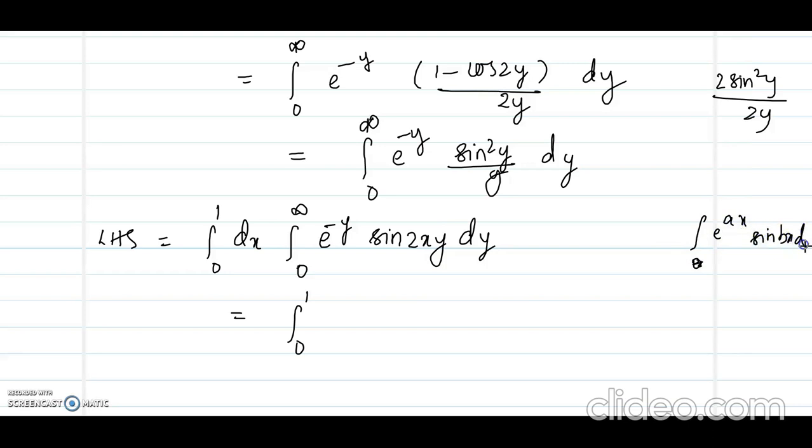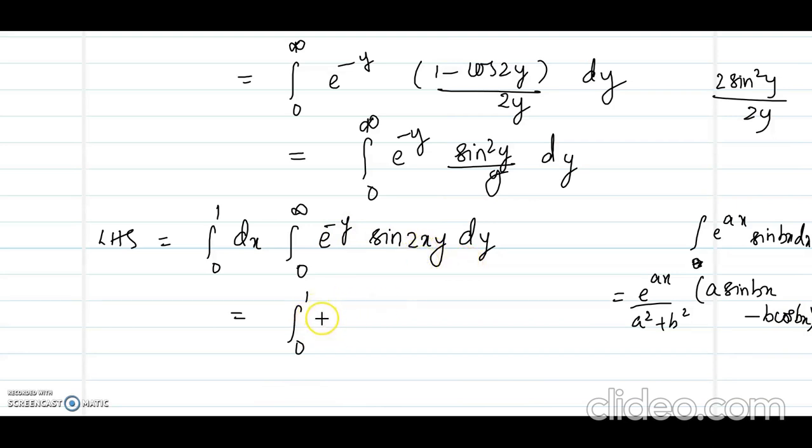So the integral will be equal to e power ax by a square plus b square, a sin bx minus b cos bx. Here in place of a we have minus 1, and b is, with respect to y, 2x.